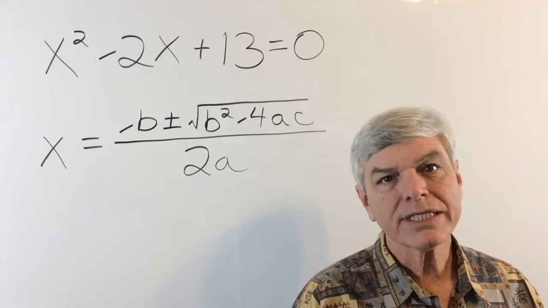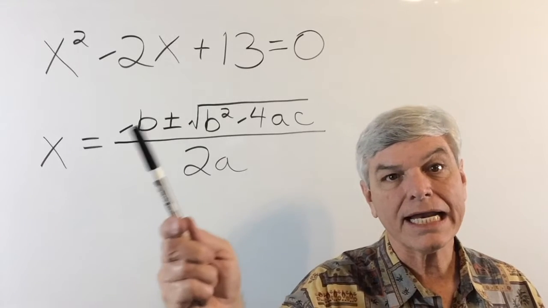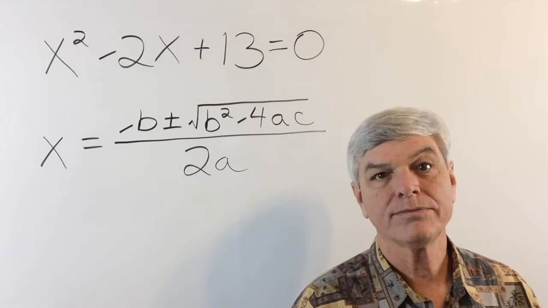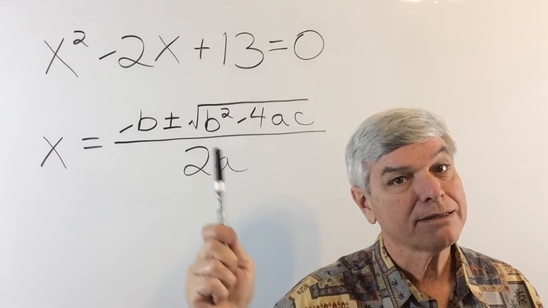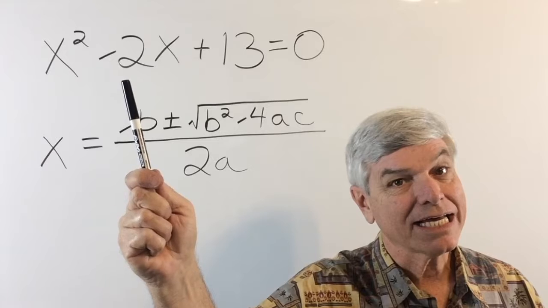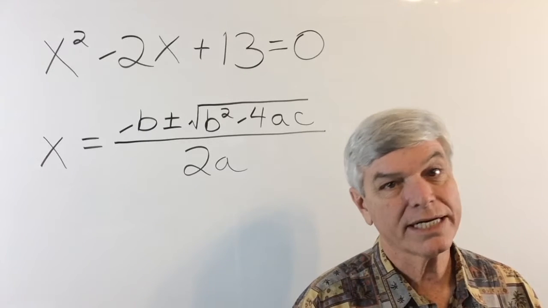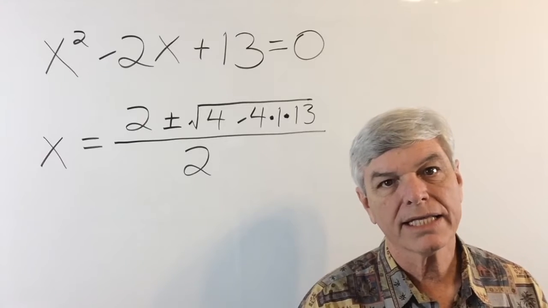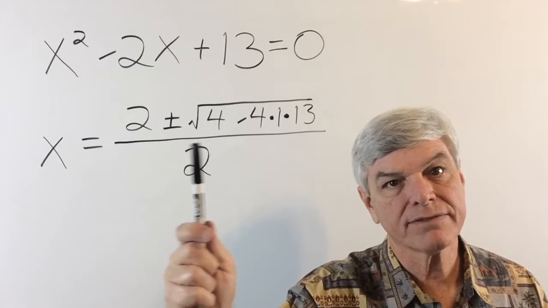And instead of doing this one by one, we're going to throw everything in here right now. And remember, before we do that, b is a negative number, so we're going to end up with a positive number here. Okay, and let's run through that real quick. This is negative 2, which is positive 2.